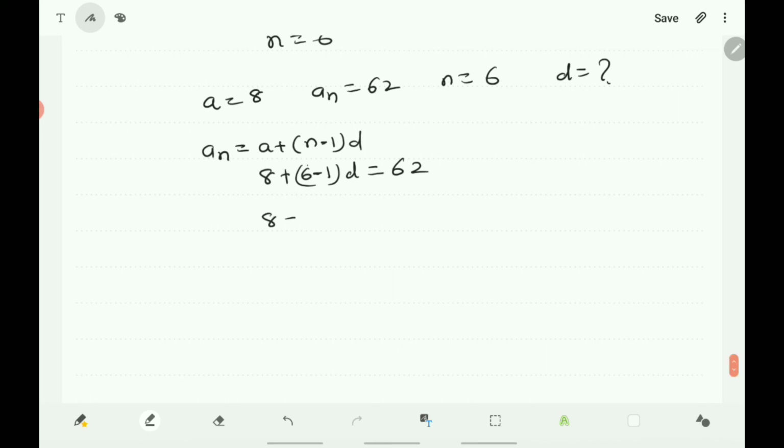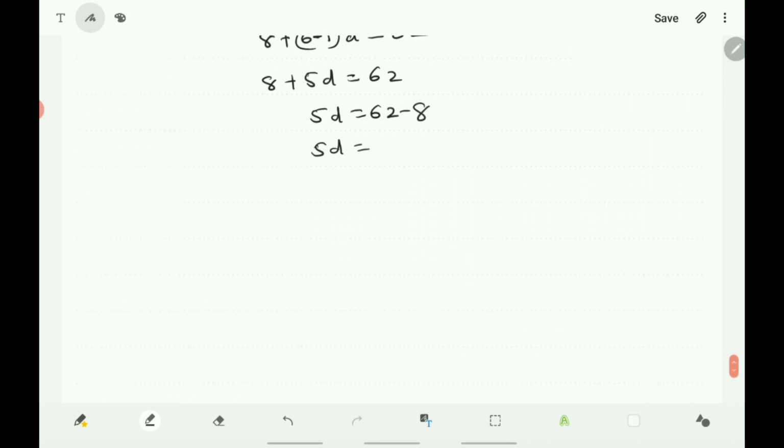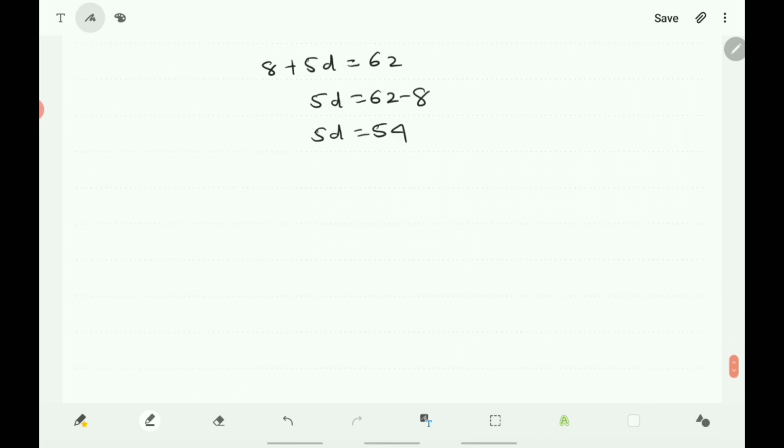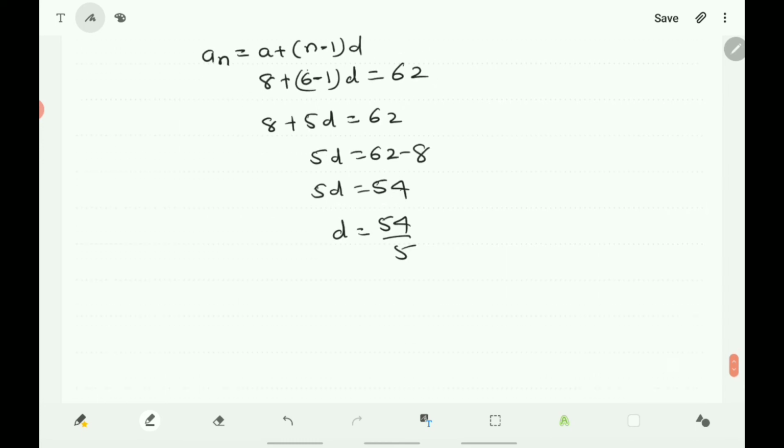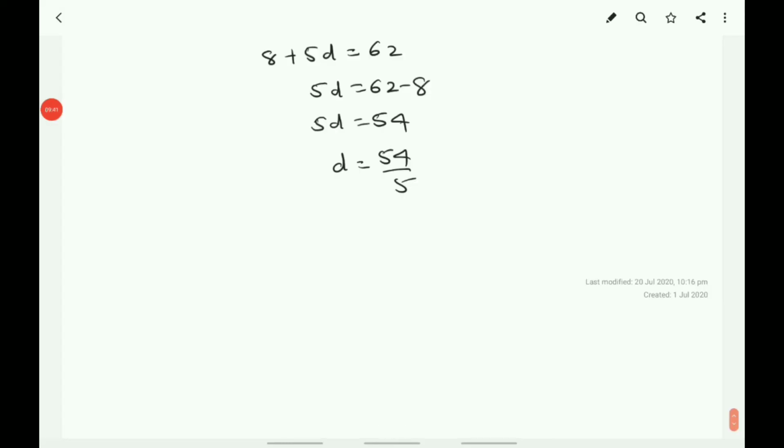And 8 plus 6 minus 1 is 5, 5d is equals to 62. So 5d is equals to 62 minus 8. 5d is equals to 54. 62 minus 8 is 54. And d is equals to 54 by 5. Here you got d is equals to 54 by 5.